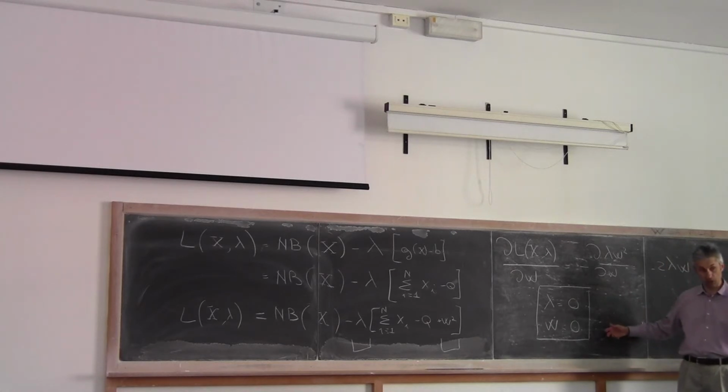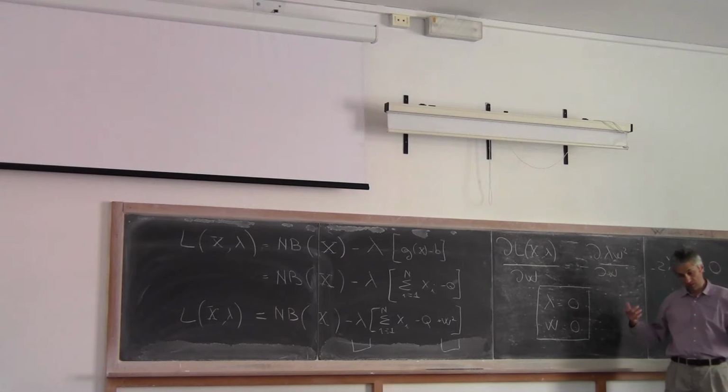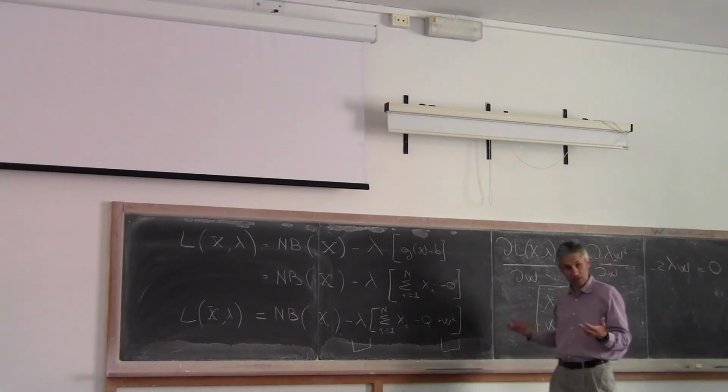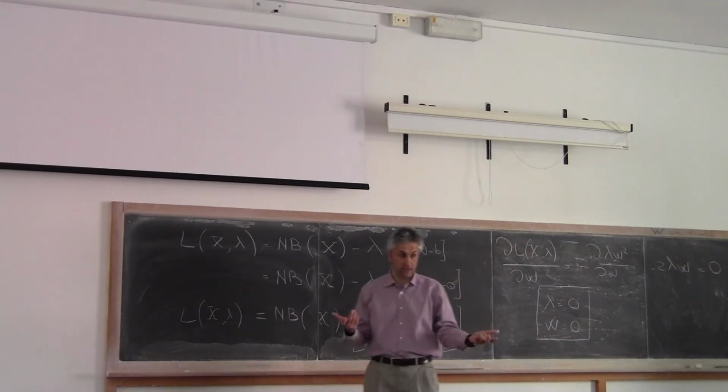And this is the first option, W equal to 0, but we have another option. The second option, of course, corresponds to W different from 0, which means that you get your maximum benefit by allocating less water than available.